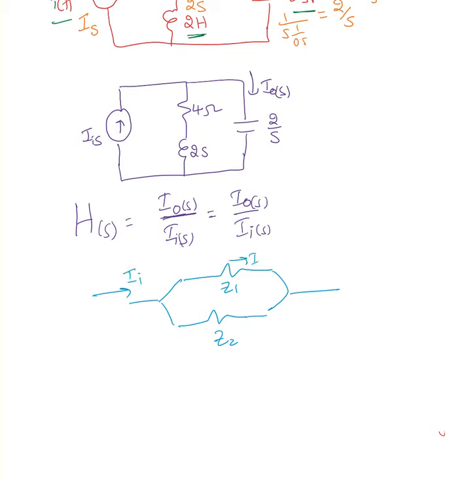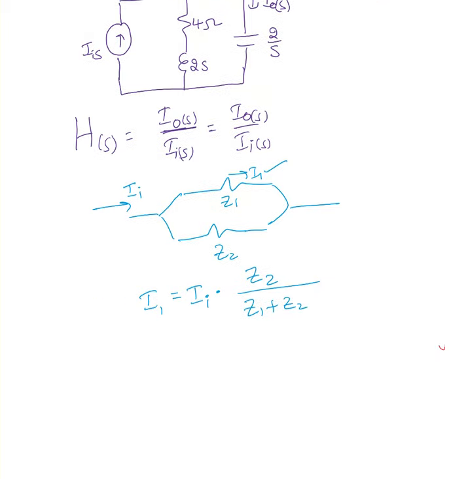If you want to find I1, it equals I input times the opposite impedance. I'm finding I1, which is the current passing through Z1. So to find I1, use the opposite impedance in the numerator, which is Z2, over the total impedance Z1 plus Z2. So I1 over I input is nothing but the transfer function, because I1 is the output current and I input is the input current.